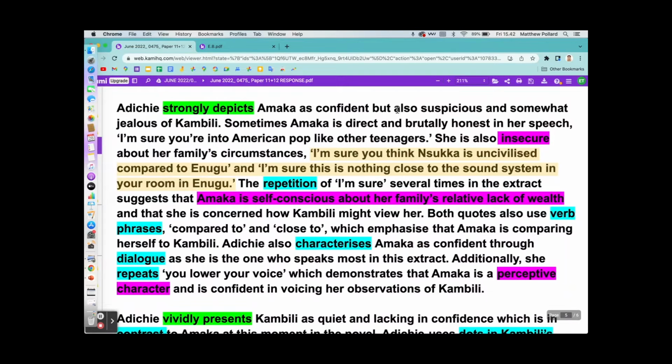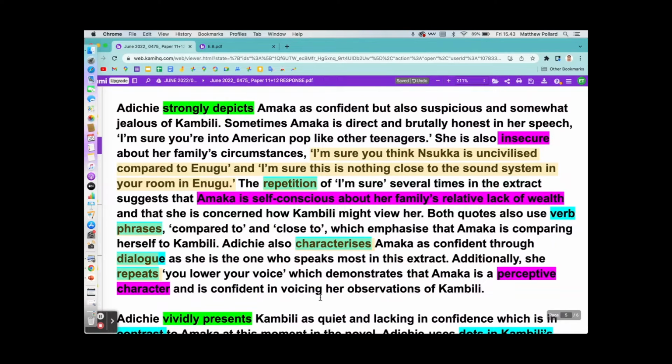A really important thing that's going to improve your analysis is going back into quotes and picking out a pattern, a particular word, a particular technique, and explaining how and why it's being used in relation to the question. You can see there are two verb phrases, sort of four or five different techniques going on here.